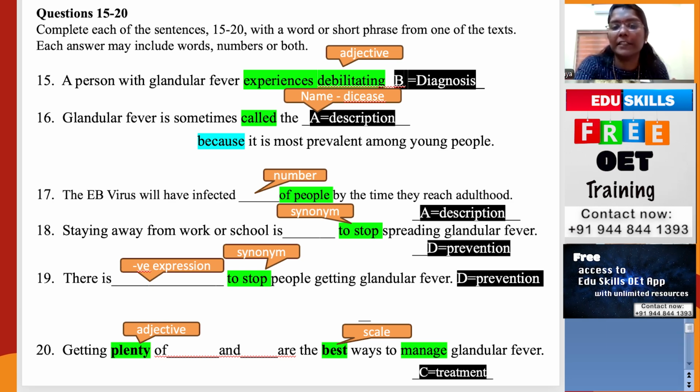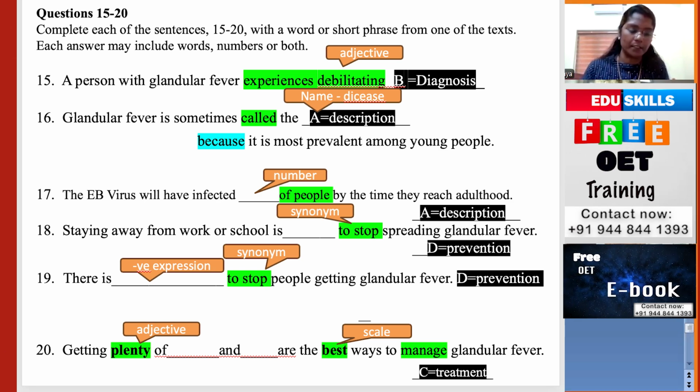They have already given the adjective plenty in the question, and the conjunction is also there. So we have to write rest and drinking fluids. We don't want an 'and', just rest, comma, drinking fluids.